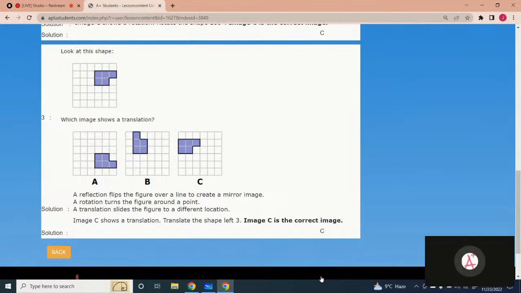A translation slides the figure to a different location. So we need to see which of them is a translation. C is the translation, 3 units left. Got it? Okay, let's start with the test questions.